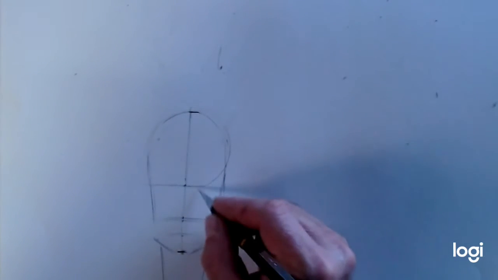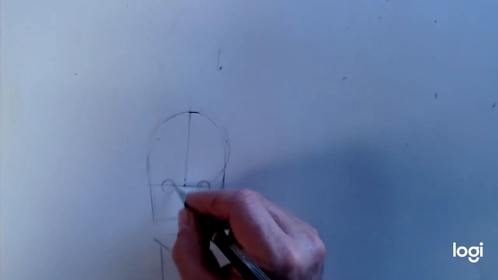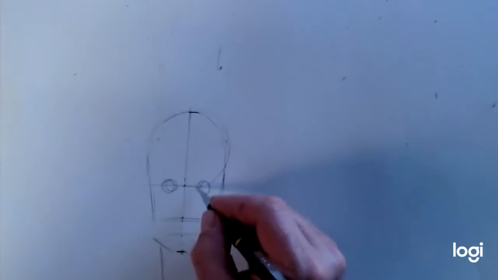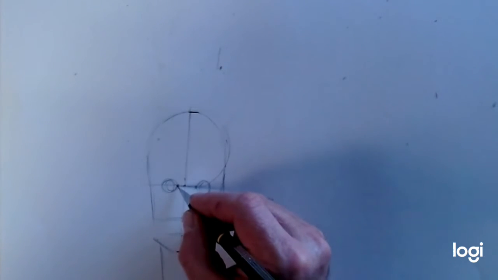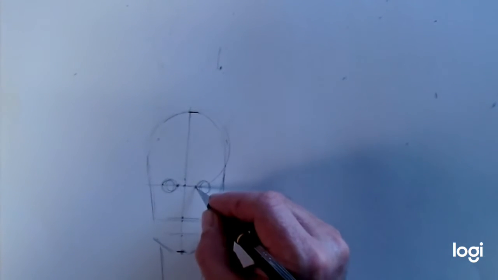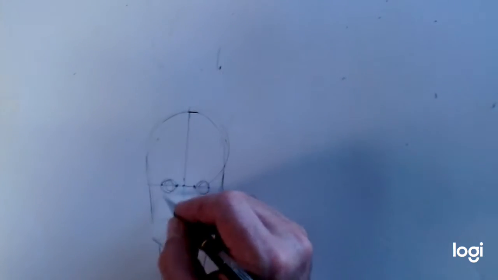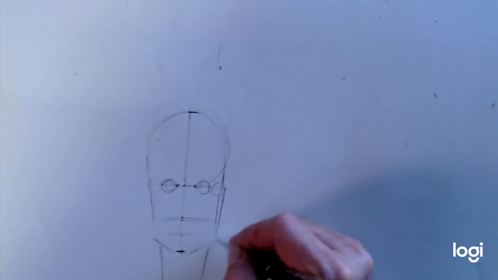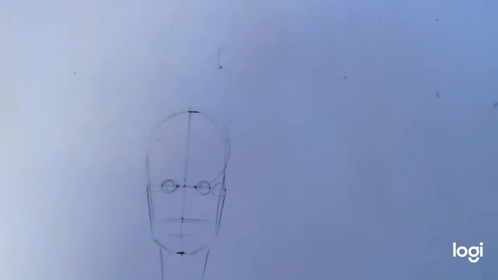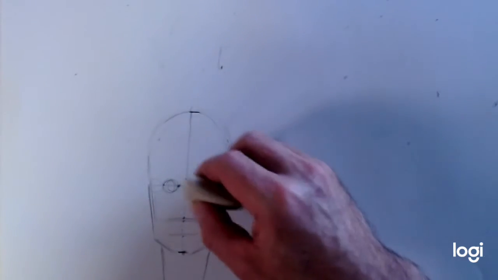We're going to start out with the eye and the eye, okay? Eyes are typically one eye width apart, okay? So from here to here, to there, and there's usually an eye width to the side too. So then we can use these eyes to tell us to widen our face a little bit.